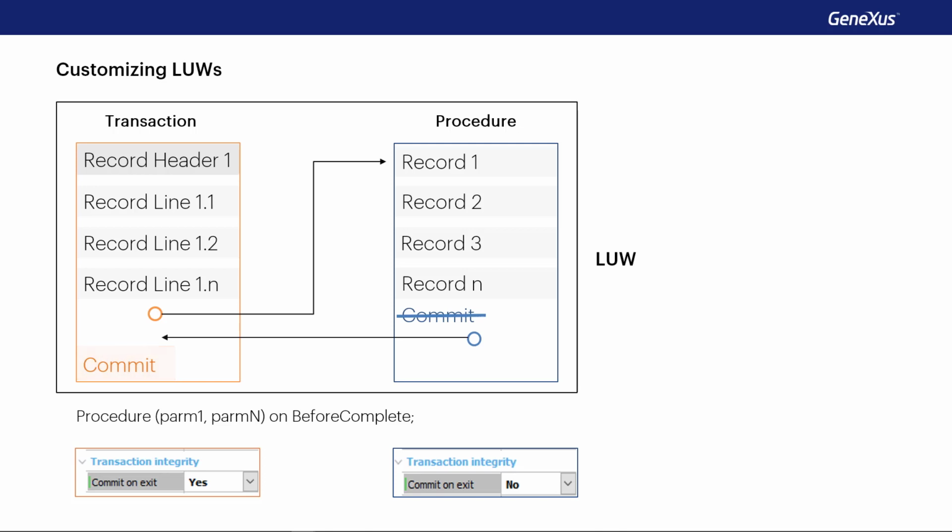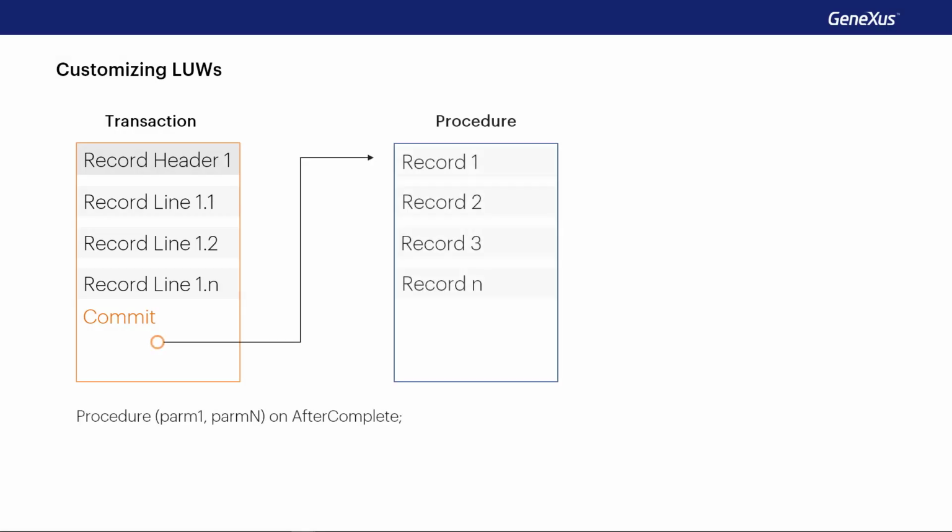Another option is to follow these steps. 1. It doesn't matter when the procedure is invoked, as long as it's after all the records, header and lines, of the transaction have been saved, even after where the commit would go. For example, on after complete. 2.